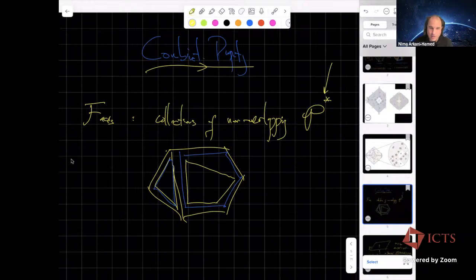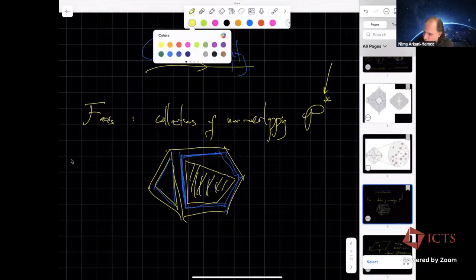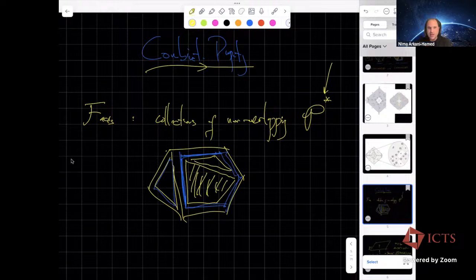Our list has to have what I call the Russian doll property, which is that if a subpolygon is filled, so in this case, if this pentagon is filled with something, which it is, since it has a square inside it, then it must be completely covered. I can't have this square without filling in the rest, so I also have to have this triangle that goes along with it. It's a collection of non-overlapping subpolygons, but if a subpolygon has another subpolygon inside it, then all of it must be covered with other subpolygons as well.